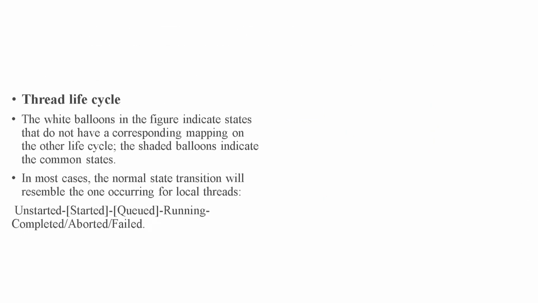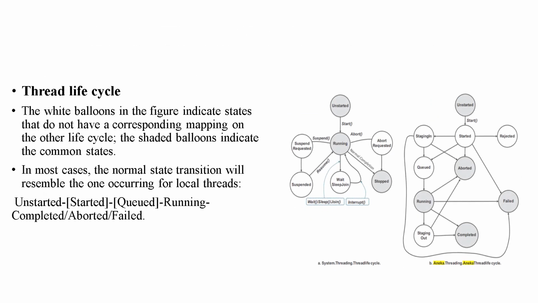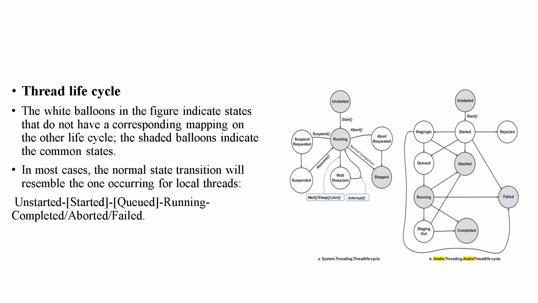The next difference is the thread life cycle. In the given figure, the white balloons indicate states that do not have a corresponding mapping on the other life cycle. The shaded balloons indicate the common states. In most cases, the normal state transition will resemble the one occurring for local threads.